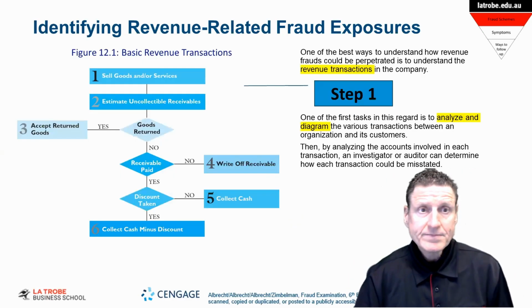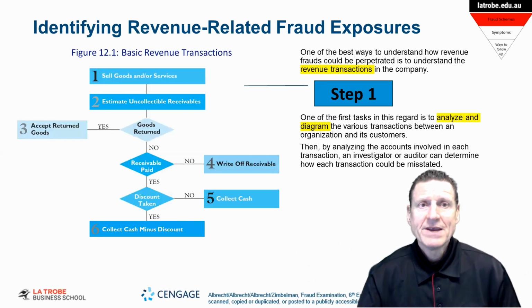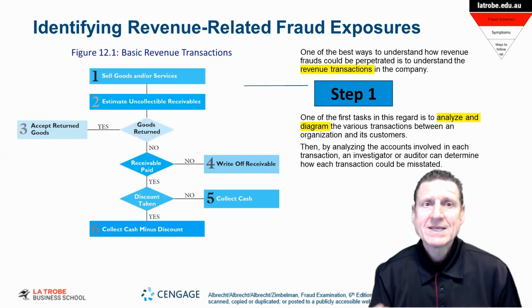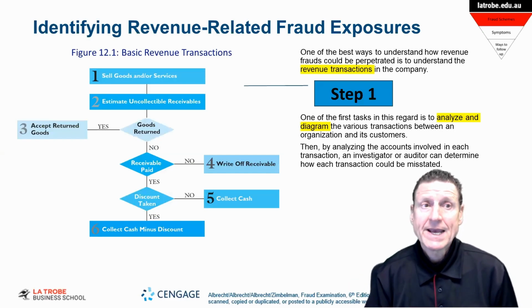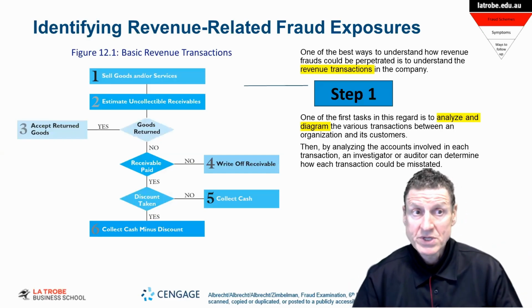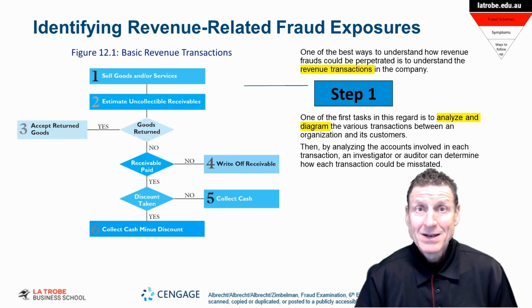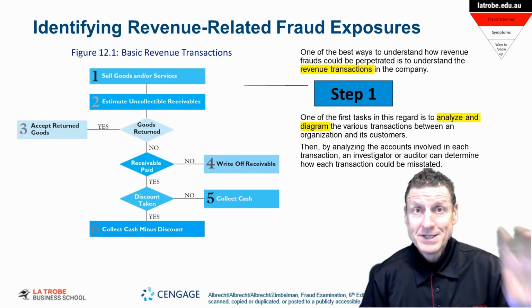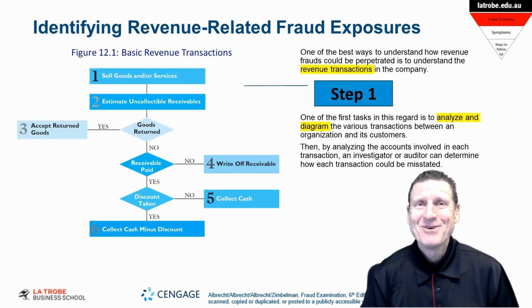Wow. All right. So in the textbook, they actually talk about how do you identify the various steps. Well, the best way is to understand the revenue transactions in a company. You first sell goods or services. You estimate uncollectible receivables. Like I said earlier, let's debit receivables, let's credit sales. All right.